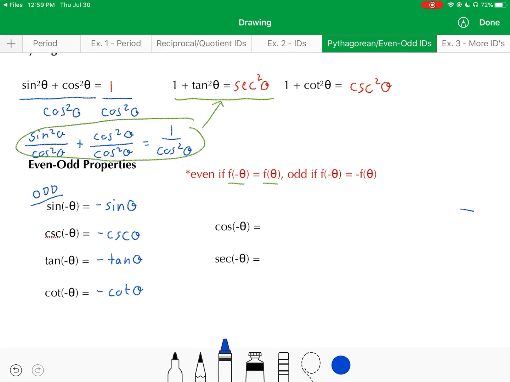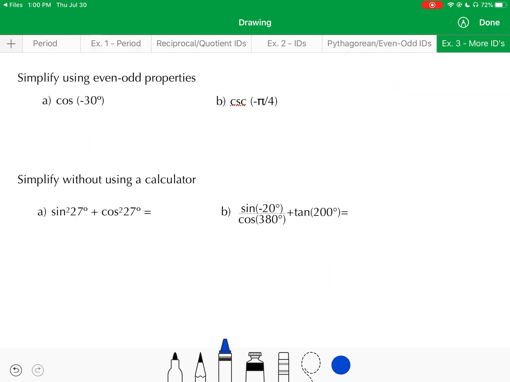Cosine and secant, these are the only even functions that we have. So that means that cosine of a negative angle measure is equivalent to cosine of the positive of that as well. And then secant of a negative angle measure is equal to secant of the positive of that angle measure. All right. Once again, these properties can just help you to evaluate functions of any angle a little bit quicker, okay? So let's see some examples at play.